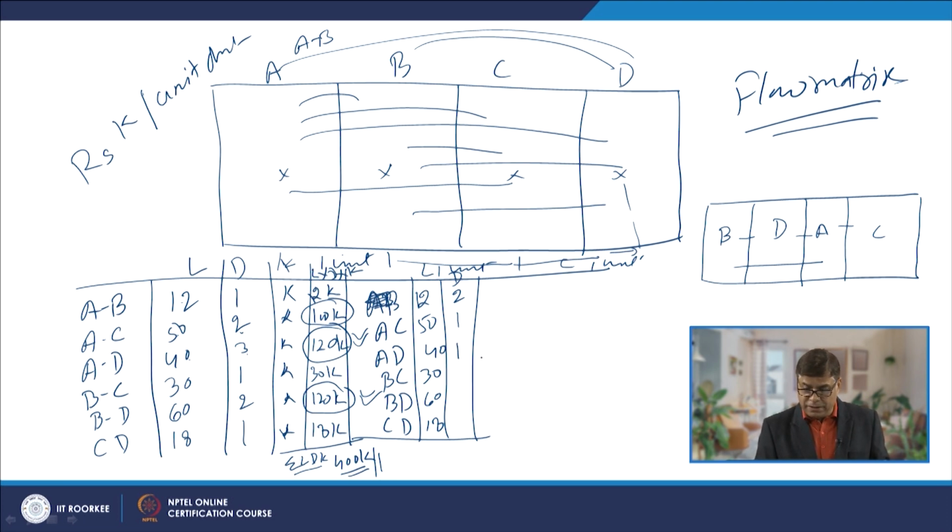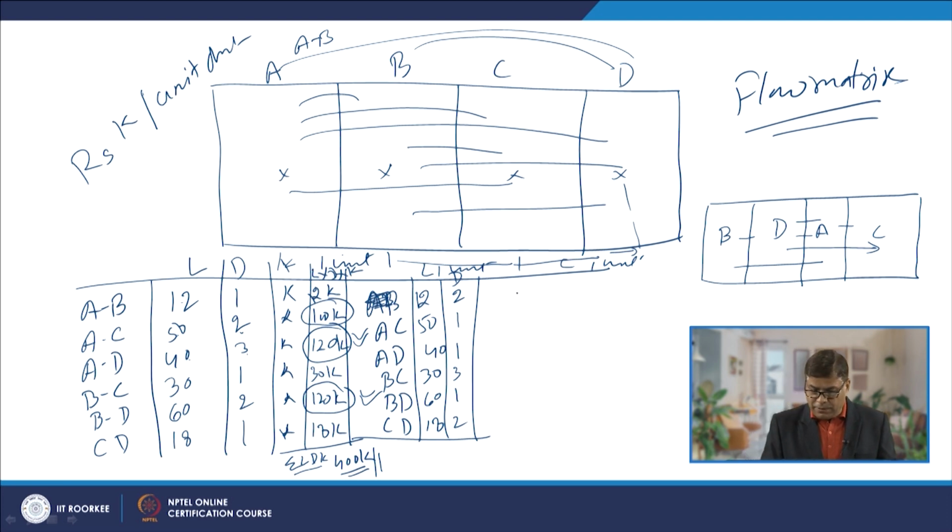BC has been increased from 1 to 3, and the distance between B and D has been reduced from 2 to 1, and CD distance between the C and D work centers has been increased from 1 to 2. And A to D is 1.